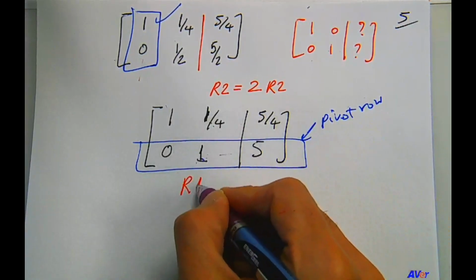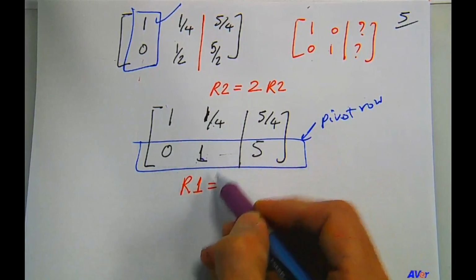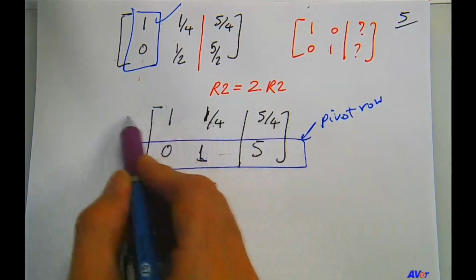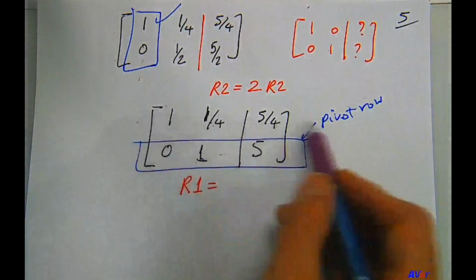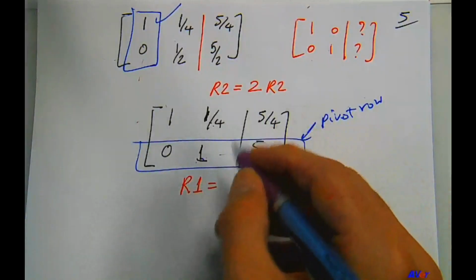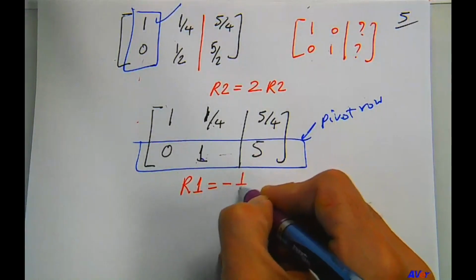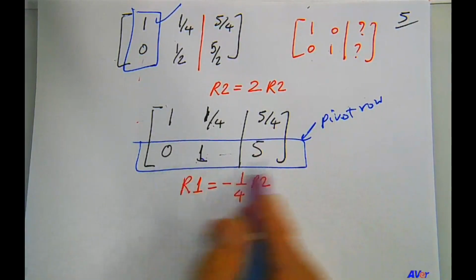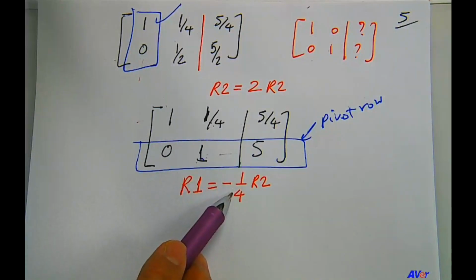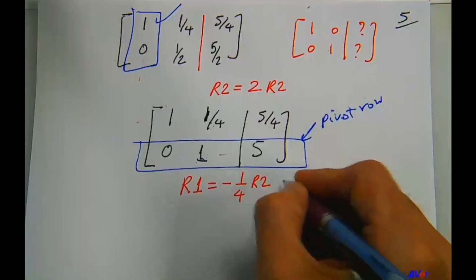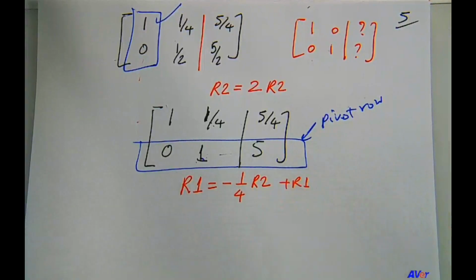So row 1 equals, because we're going to change row 1. That's the main purpose of this row operation. So row 1 is equal to minus 1/4 row 2, which is the pivot row, plus row 1, like that.